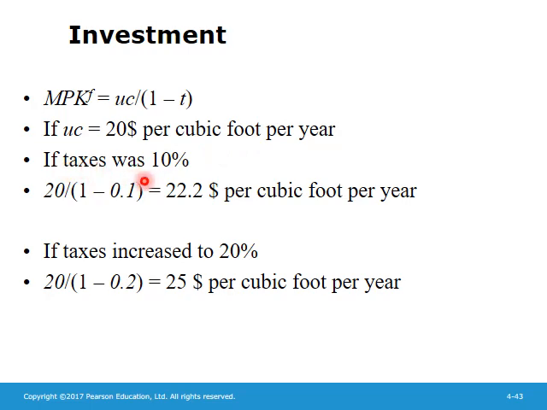We'll take two cases: taxes are 10%, or taxes increase to 20%. I divide the user cost, as we saw, by 1 minus the tax rate, and we know where that came from. Okay, 1 minus 0.1 in the case where taxes are 10%. That's one example, and then we divide by 1 minus 0.2 if taxes were 20%.